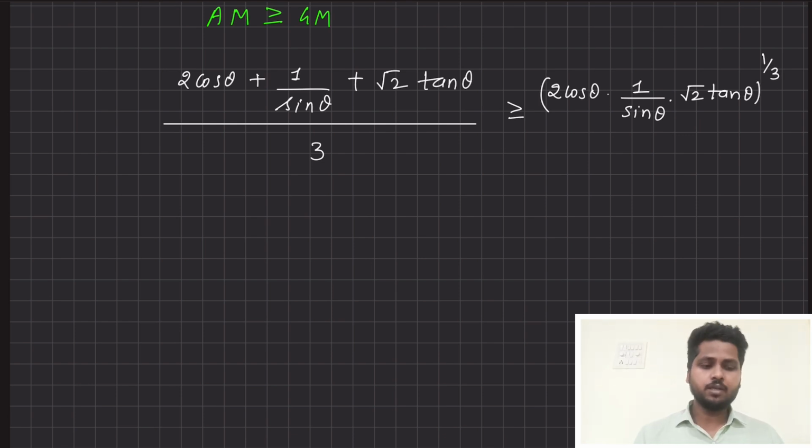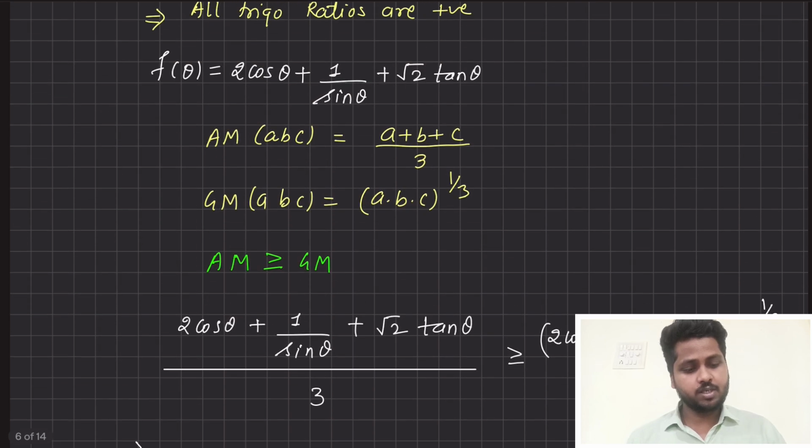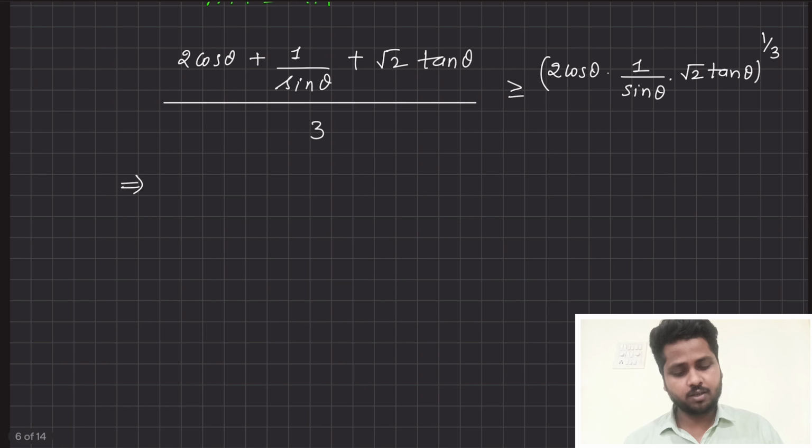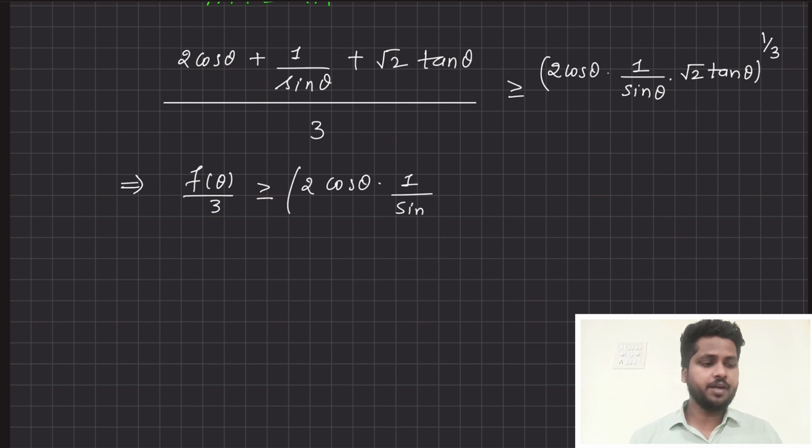So arithmetic mean is greater than or equal to geometric mean. Understanding? Okay, let us come to the next part. You can see here we have assumed this is equal to f of theta. So I'll write here f of theta upon 3 is greater than or equal to 2 cos theta into 1 upon sin theta, right?